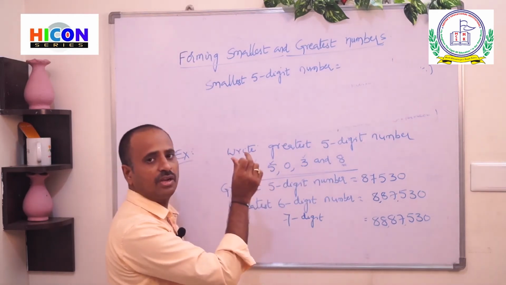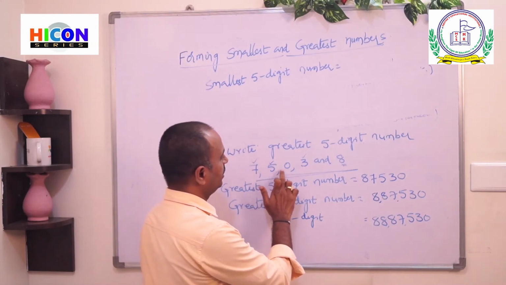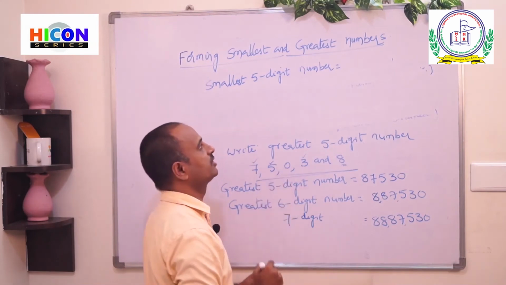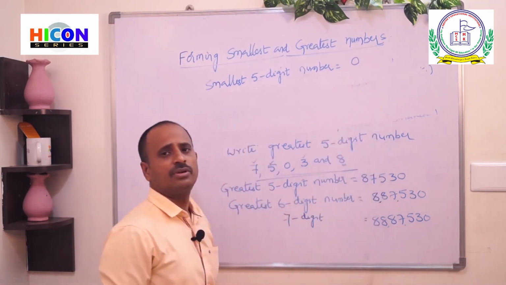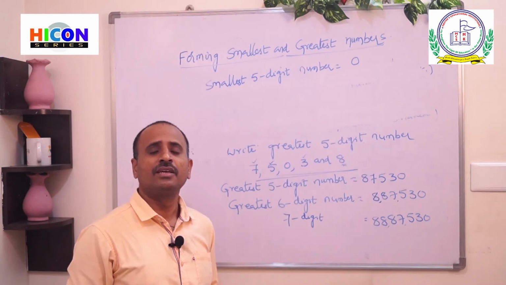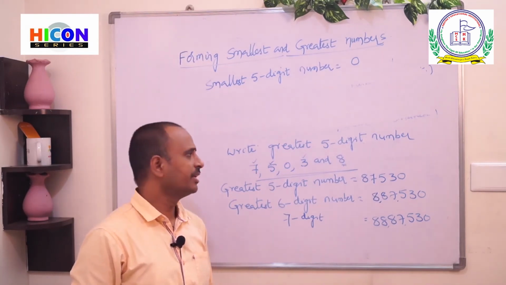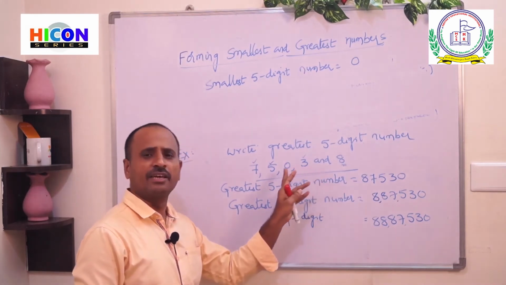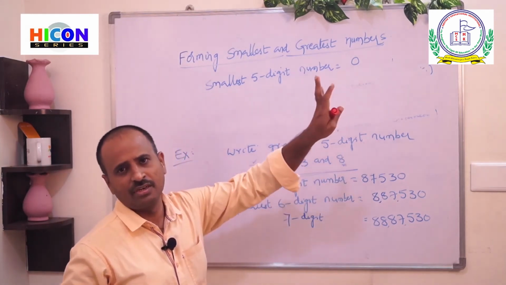Write the smallest digit first. Which is the smallest digit here? Here 0 is the smallest digit. But any number should not start with 0. If 0 is present in the given digits, we should not write 0 first.